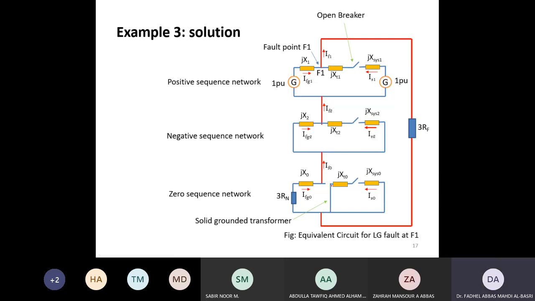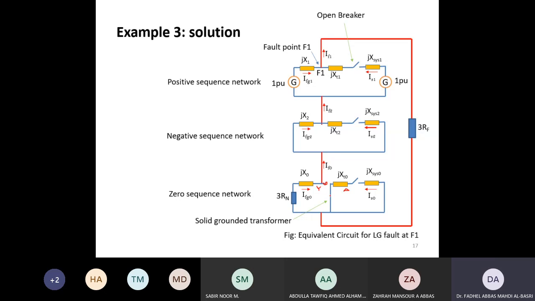So this is the star side of the generator winding, and this is the delta side. Now, how do you connect this? This is how you represent a transformer in the zero sequence when it is star delta connected.